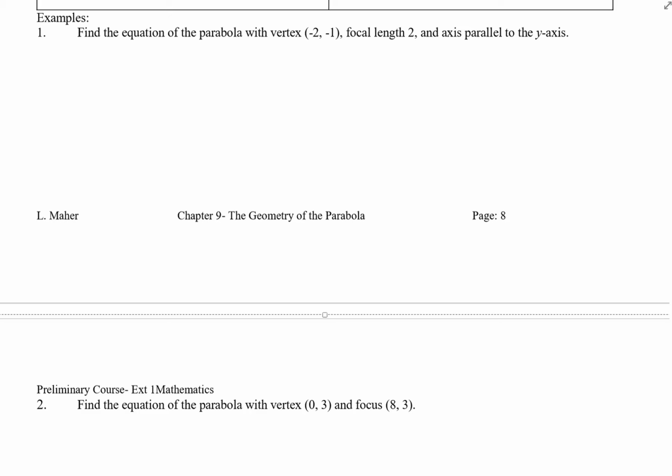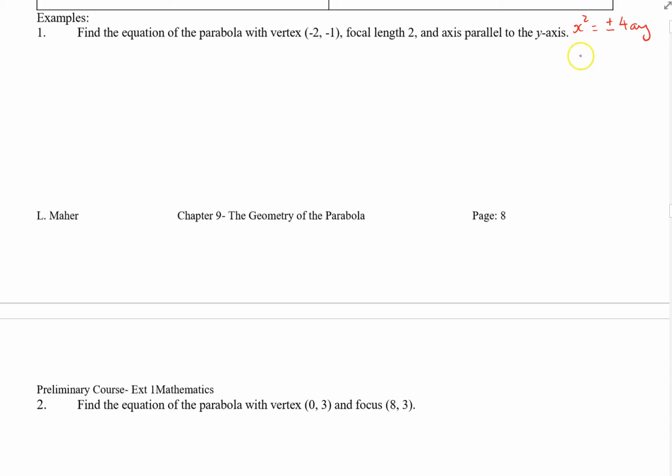find out what it is that the question wants us to get. Now, just remember, we now have, I guess, 4 variations for the equation. It could be simply x squared is equal to plus or minus 4ay.